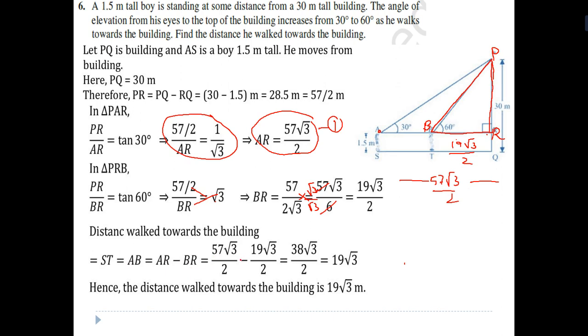So 57 root 3 by 2 minus 19 root 3 by 2. So denominator LCM is 2. So 2 is common. 57 minus 19, that is 38 root 3. If we cancel it by 2, we get 19 root 3. Hence the distance walked toward the building is 19 root 3.